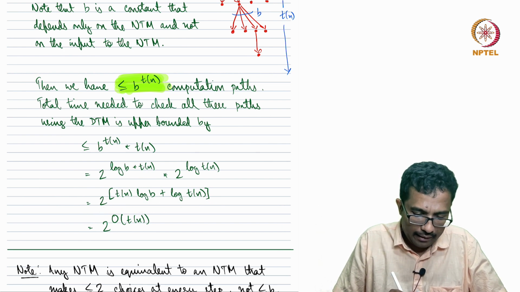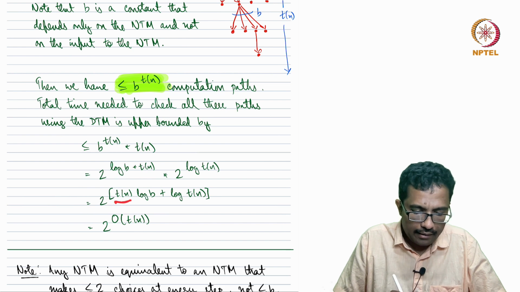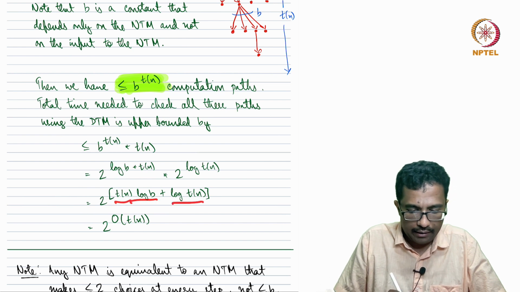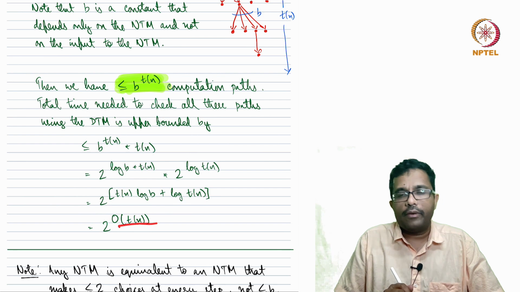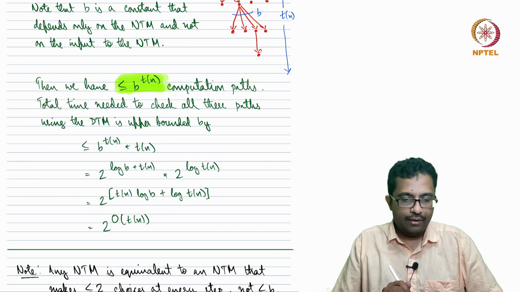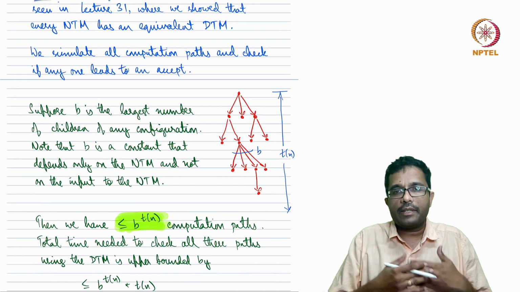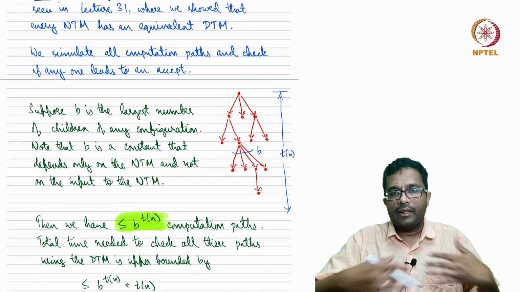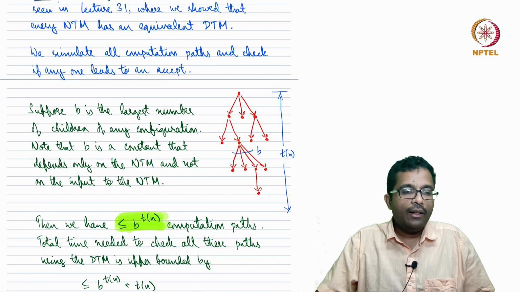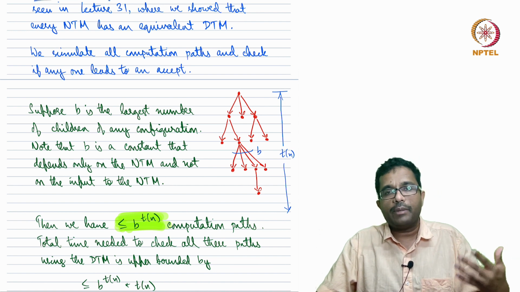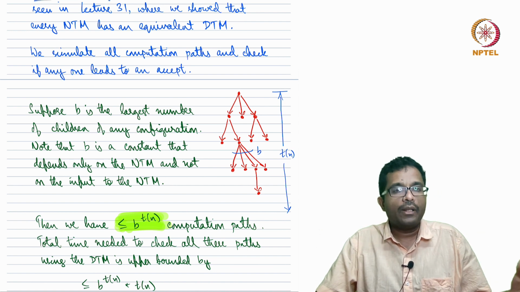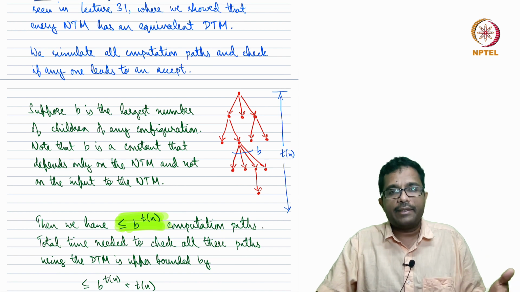And since t(n) log b dominates log t(n), we can just write it as 2 to the power O(t(n)). So the proof is very simple. The simulation of the NTM by the DTM is just by traversing the computation tree. The tree has height at most t(n), because that is the running time of the NTM, and at each level of the tree every node has at most b children.